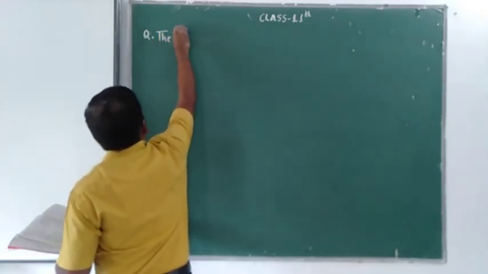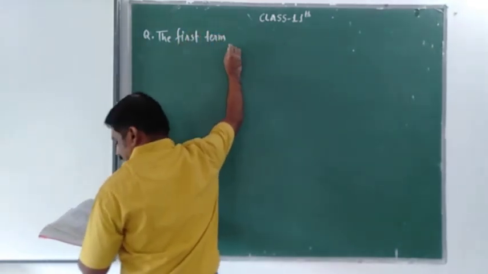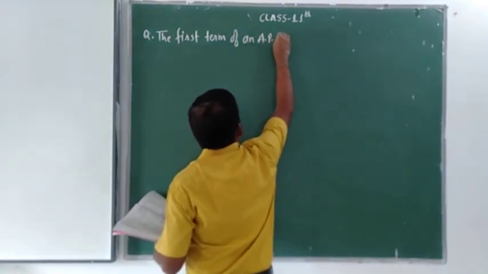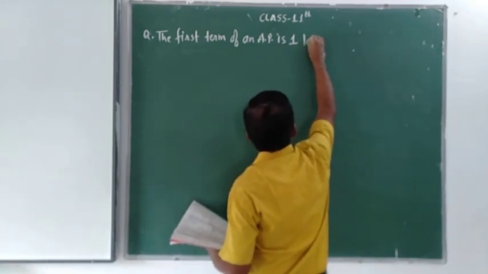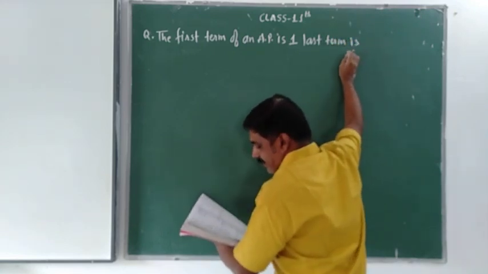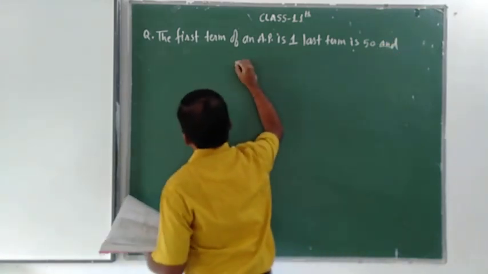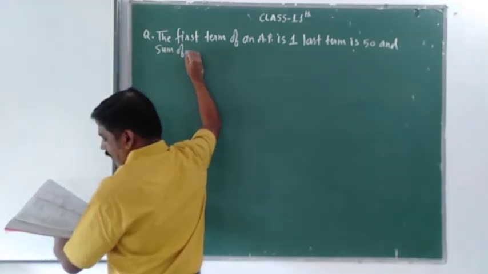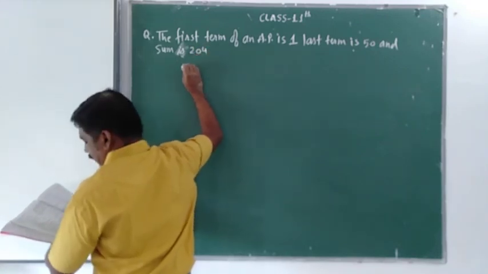Now see the question. The first term of an AP is 1, last term is 50, and sum is 204.